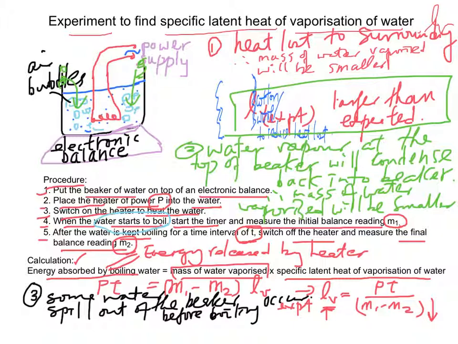In this case, the mass of water vaporized would appear larger than expected. That means M1 minus M2 will be larger. Therefore, the experimental value of LV found will be smaller.